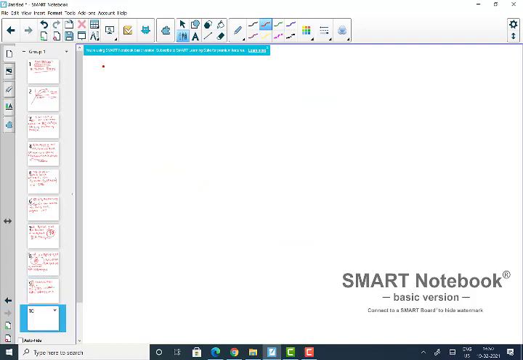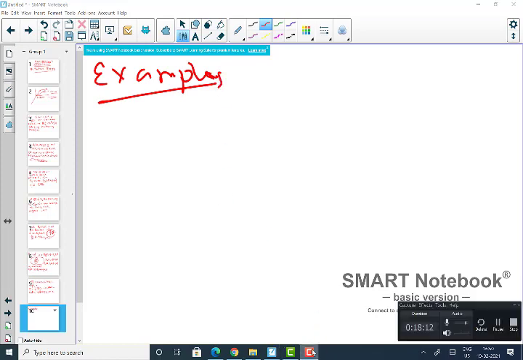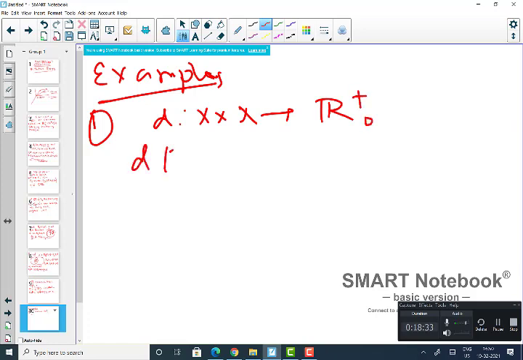Okay, so the first example, which is actually very popular, is coming from a metric called the discrete metric. So how to define it? X is anything given, and you define a map from X cross X to the non-negative reals. What is your metric? You choose any points x1, x2.